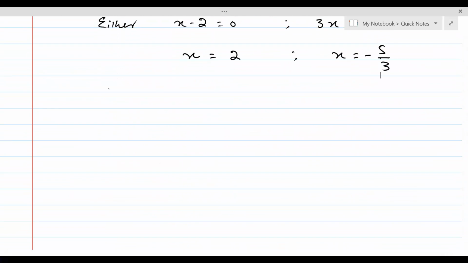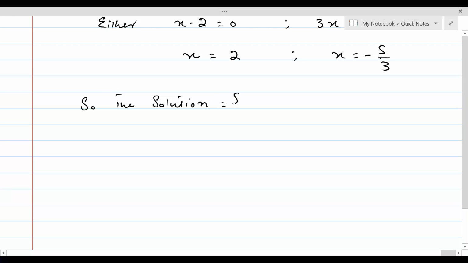Therefore the solution set would be 3, 2 and minus 5 by 3. Similarly, we can do the other question.